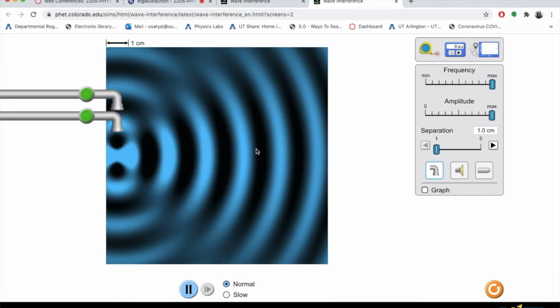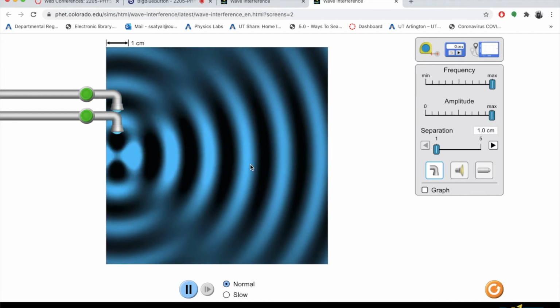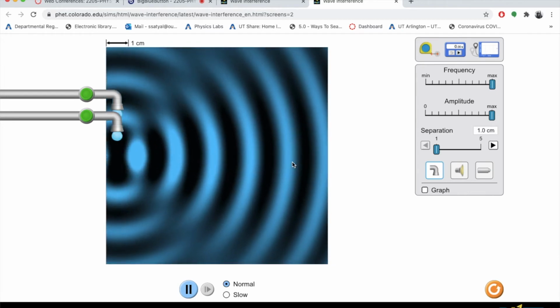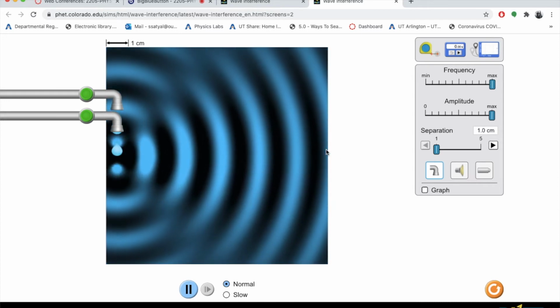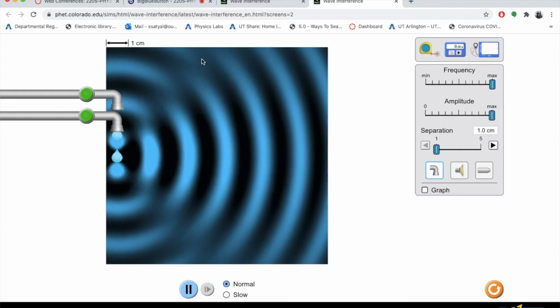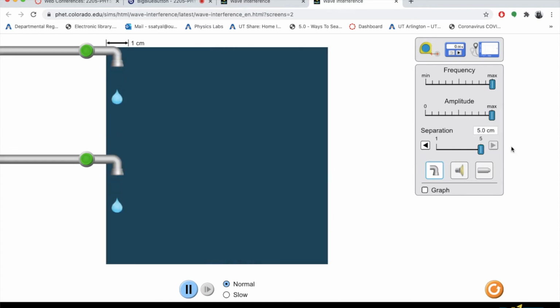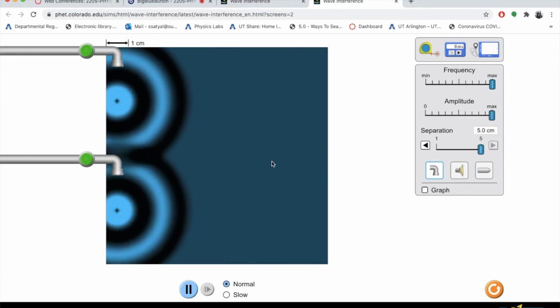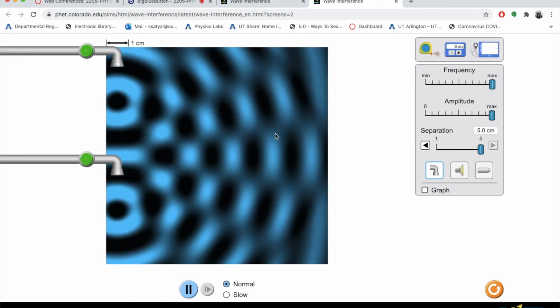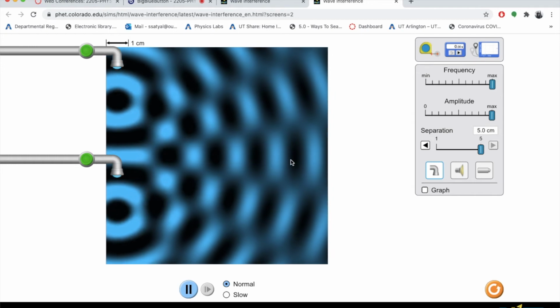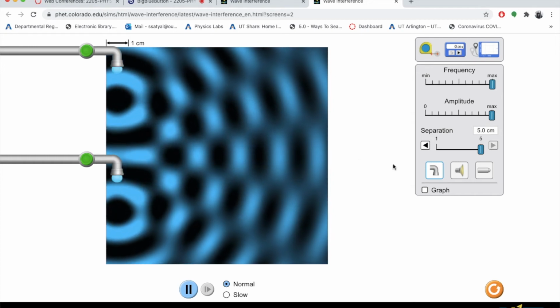You see how far apart the fringes are, the separation, and how the bright fringe is more visible. The constructive interference is more compared to destructive. I'm keeping these at the farthest separation, and I see multiple constructive and destructive interference patterns.